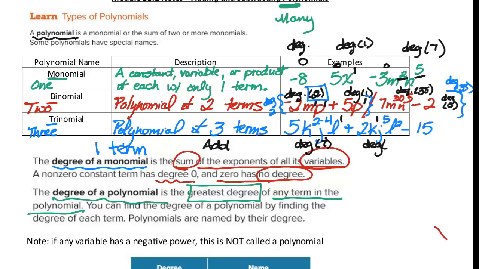This would be 8. And what's the degree of negative 15? 0. What is the degree of the entire polynomial? Degree of 8. You take the largest degree of all the individual monomials. Questions about that?